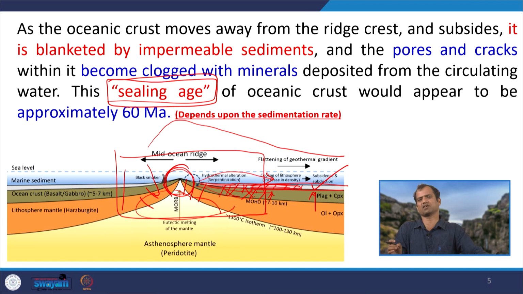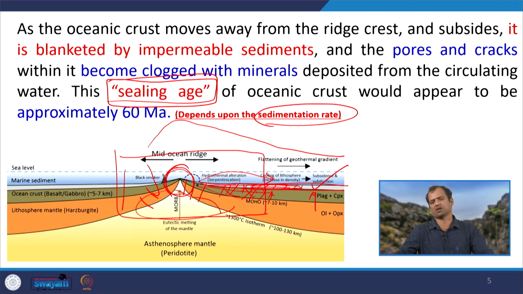The time taken for the closing of these cracks is called sealing age, that means these cracks are sealed. This sealing age depends upon the sedimentation rate. If you remember, we talked about the rate of sedimentation in the Pacific being less as compared to the Atlantic.